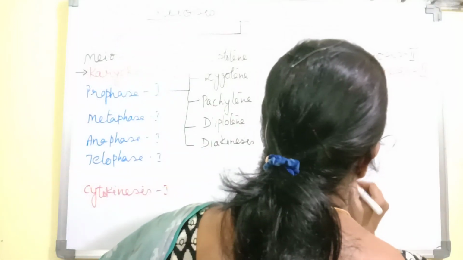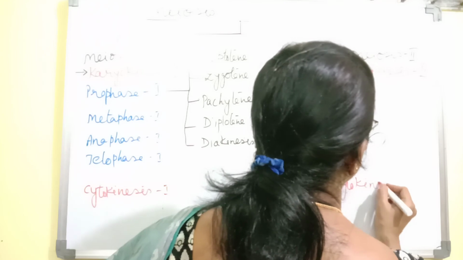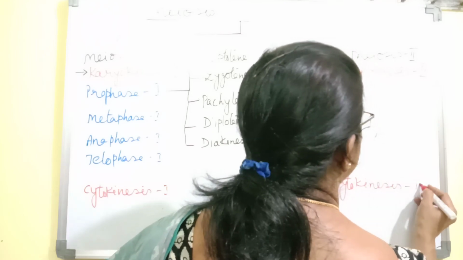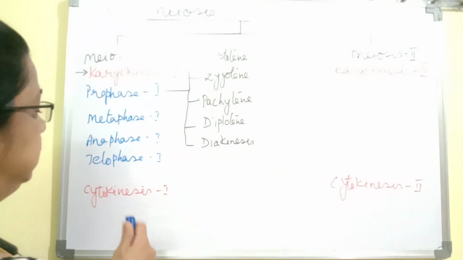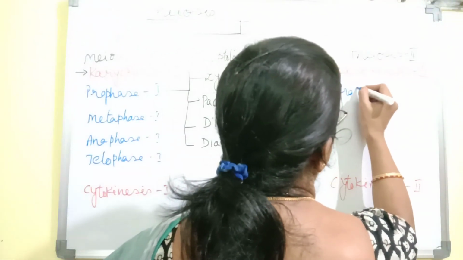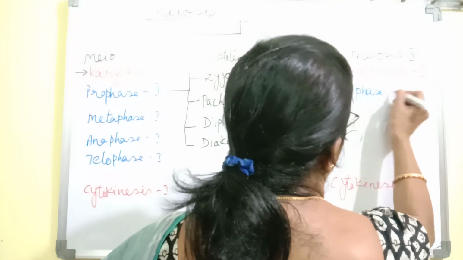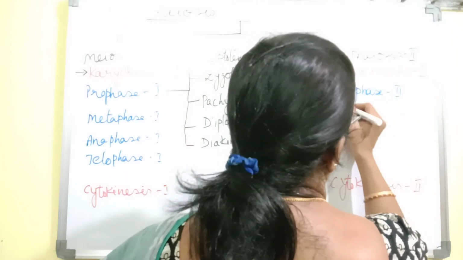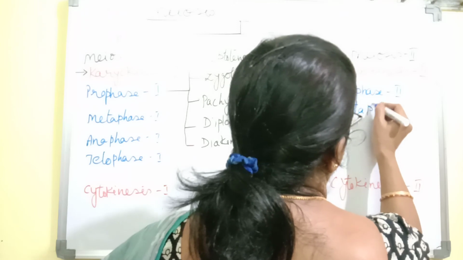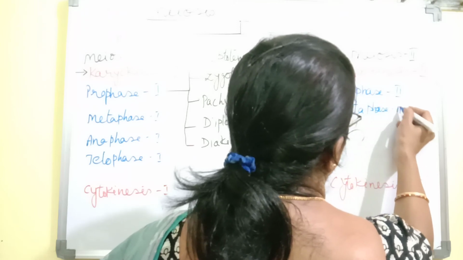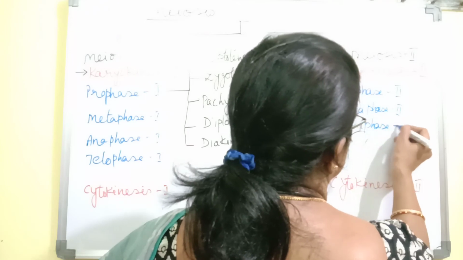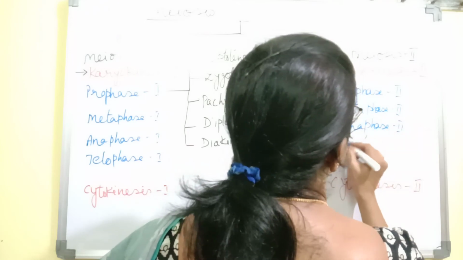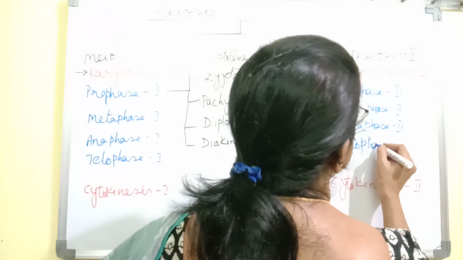Similarly cytokinesis, the division of cytoplasm, takes place, and it is further divided into prophase 2, metaphase 2, anaphase 2 and telophase 2.